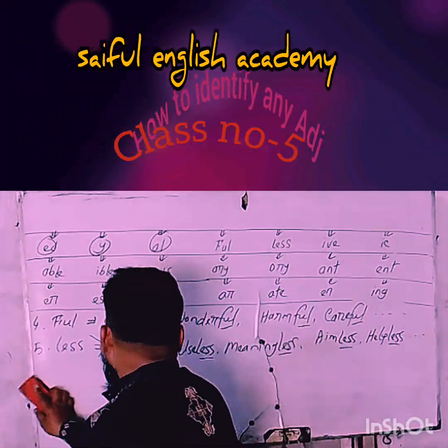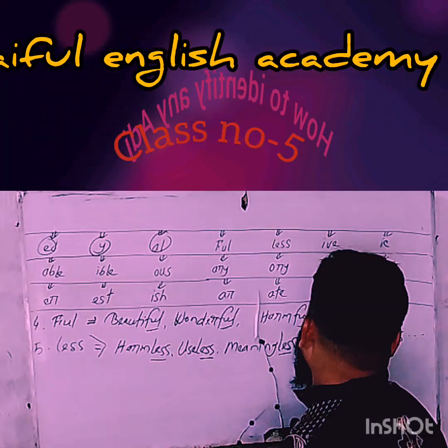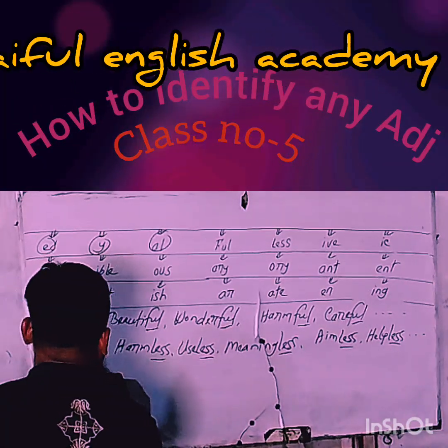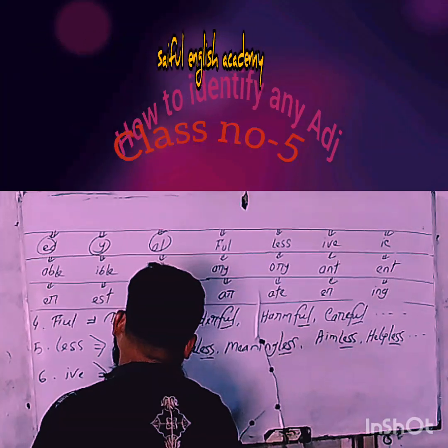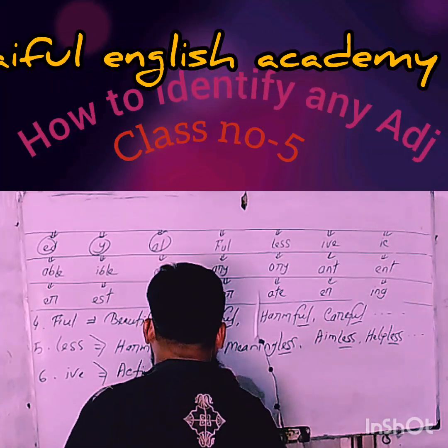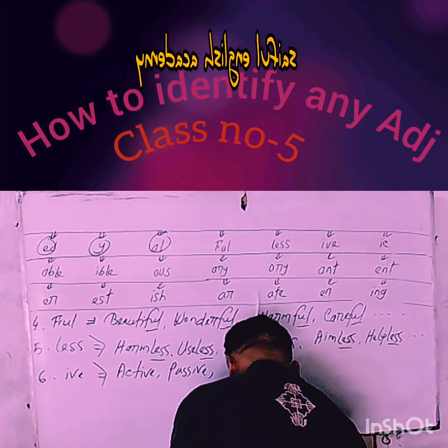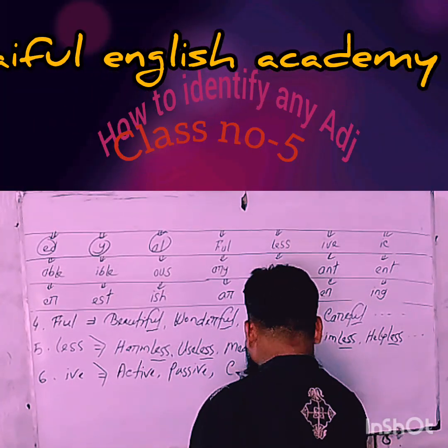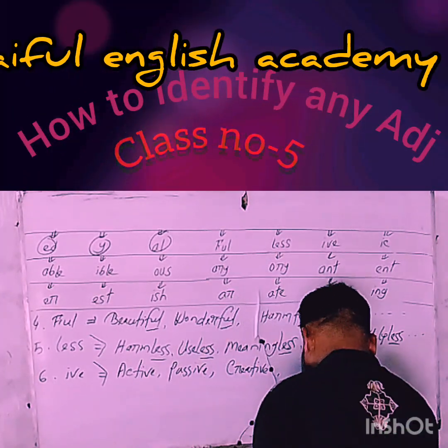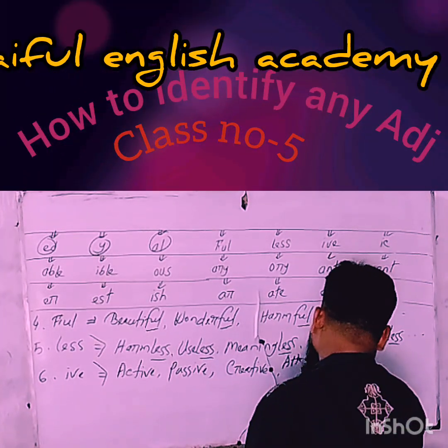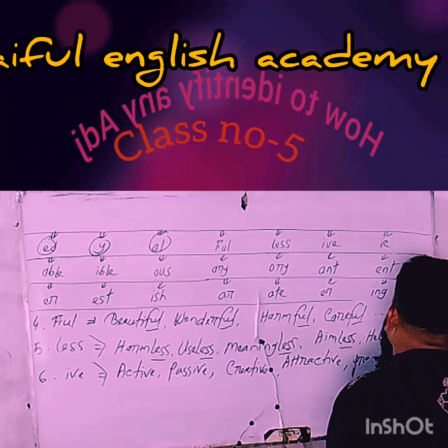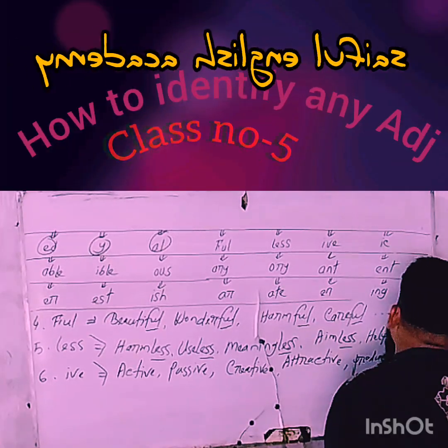My dear learners, next think about the suffix ive. For example, active, passive, creative, attractive, productive.